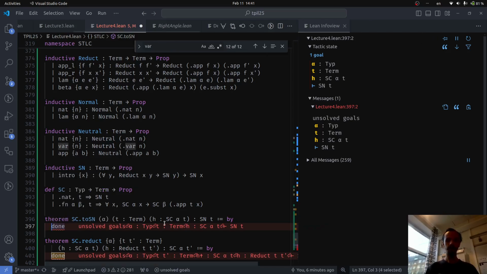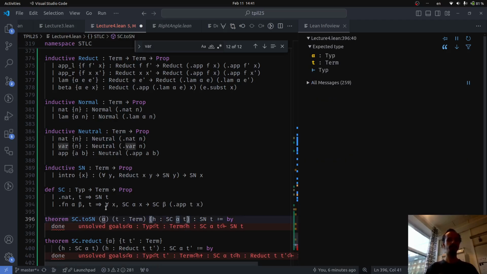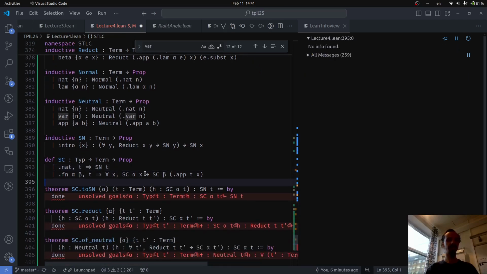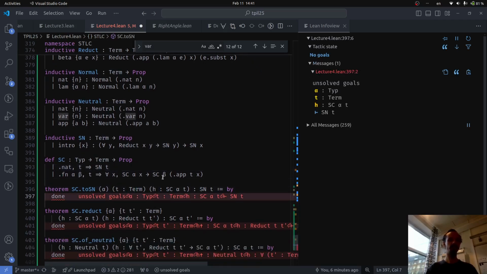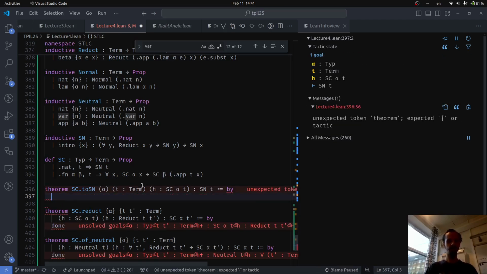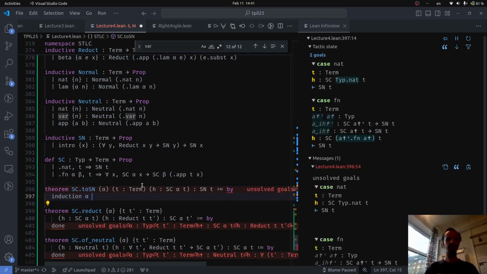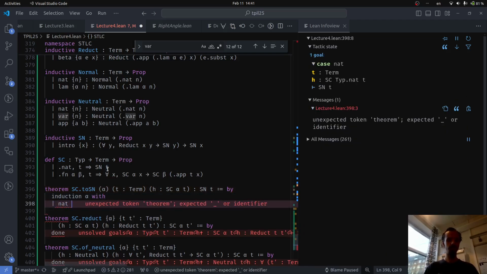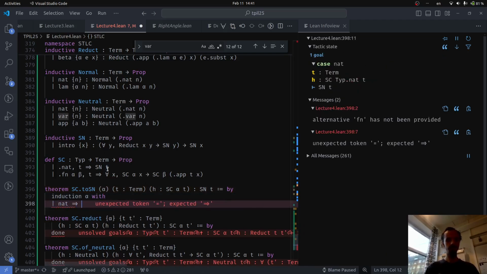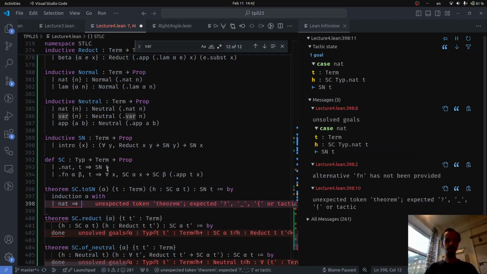Okay, so here we have a definition SC, and we want to prove that it's SN. So I think, well, let's do the induction. This is going to be induction on alpha because SC is defined by recursion on alpha.